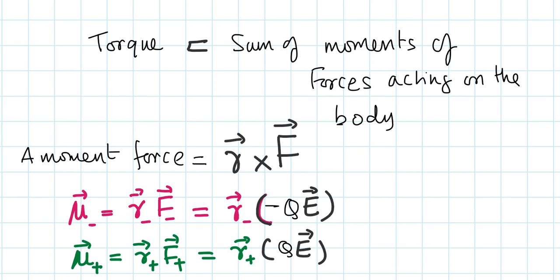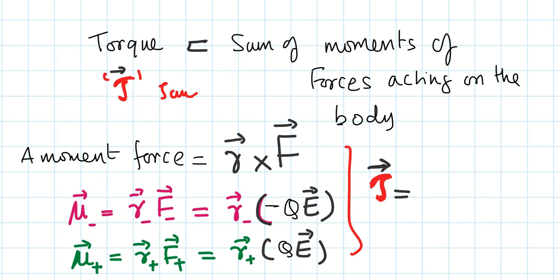So according to the definition, torque is represented using a Greek letter called tau. So remember this. This is our tau, and it's a vector, so don't forget to put an arrow.